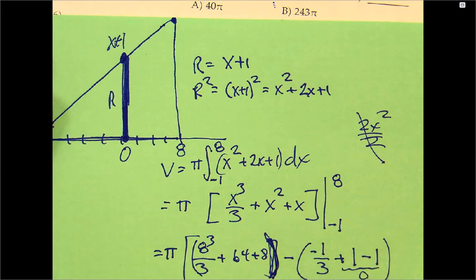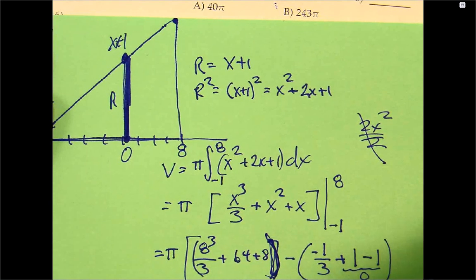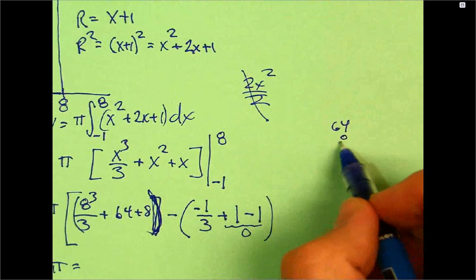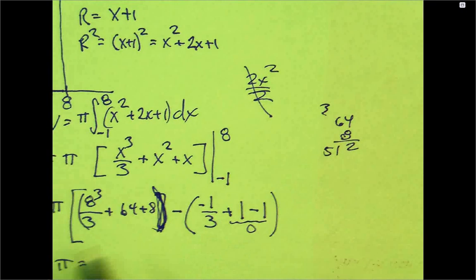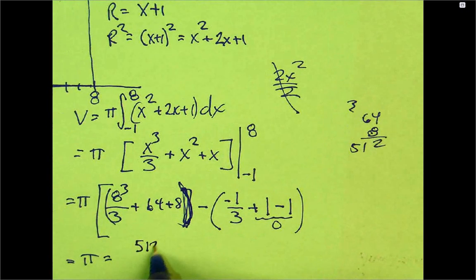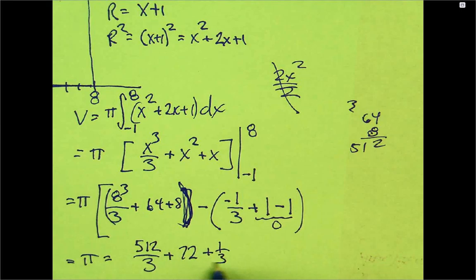So I'm gonna add a third. 64 times 8, 32, carry the 3, 48, 512. So that's 512 thirds plus 72 plus 1/3. So that's 513 thirds.